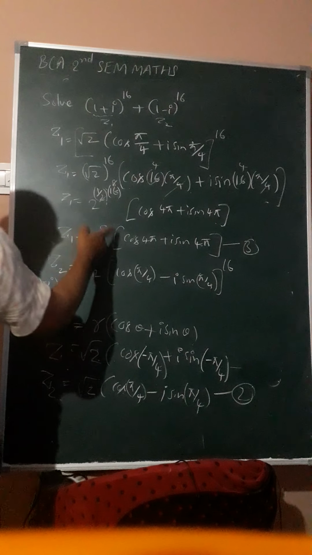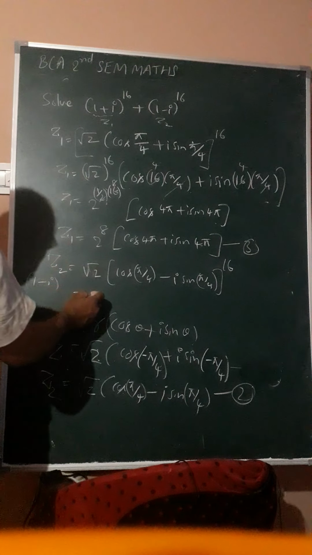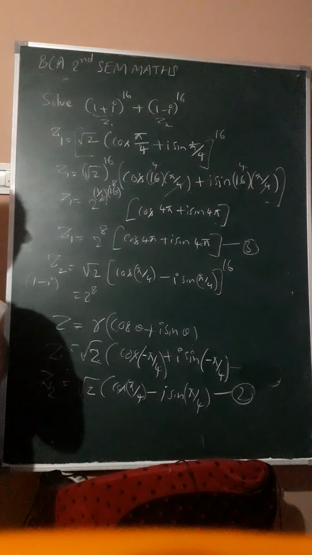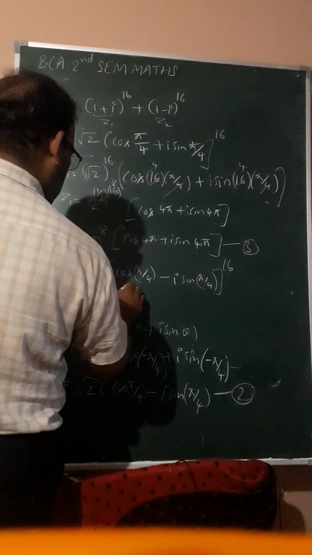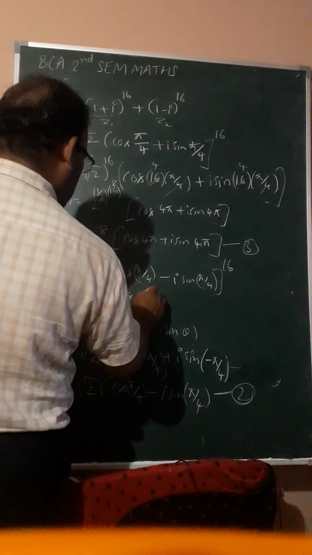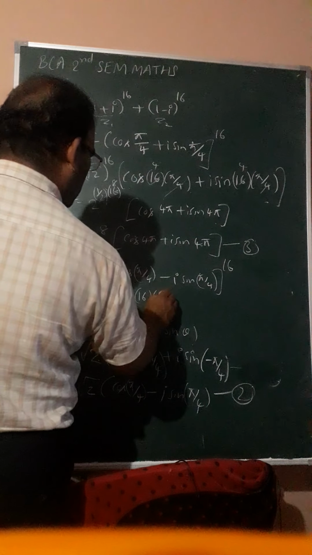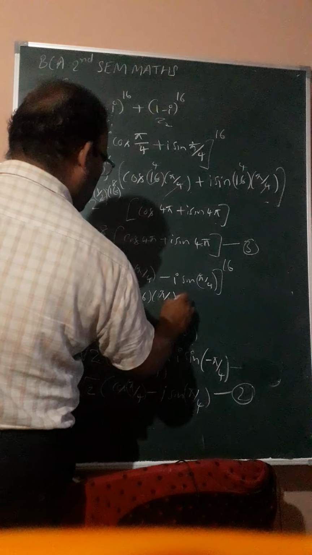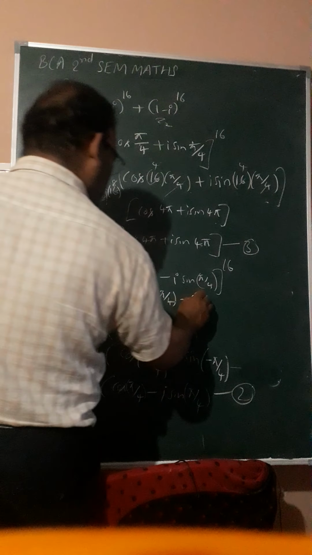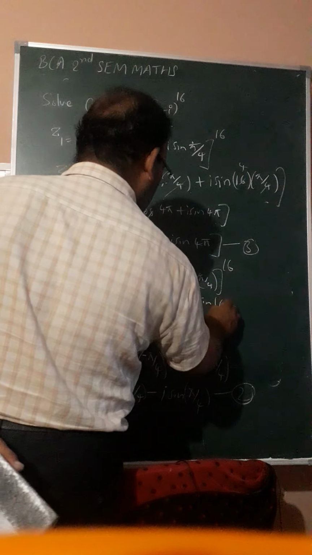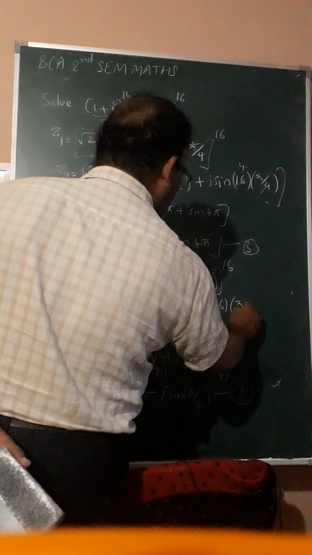As told earlier, if you simplify, it becomes 2 to the power of 8 times cos of 16 into pi by 4 minus i sin of 16 into pi by 4.